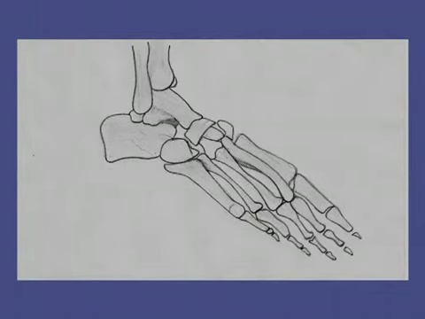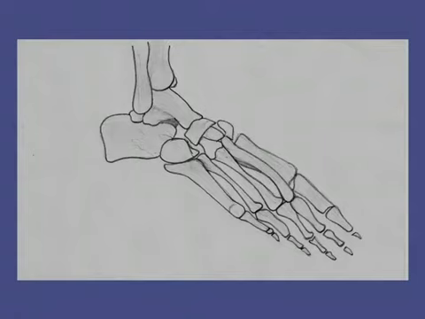Next joint is the metatarsophalangeal joint. As the name implies, it is formed between the metatarsal and phalangeal bones. It is a condyloid joint with 2 degrees of freedom, that is, it can be moved in 2 directions, in 2 planes. The movements available here are flexion and extension, and abduction and adduction.